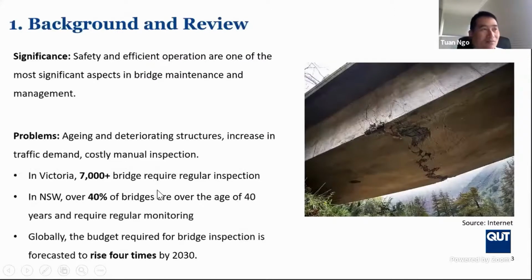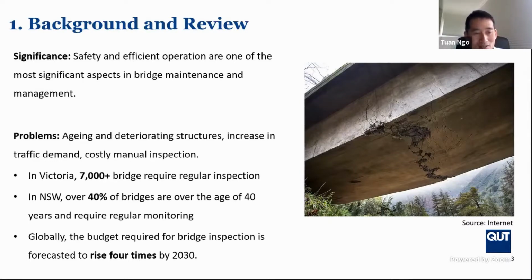As you know, we are facing a big problem. Infrastructure in Australia and around the world is aging. We have a lot of big tasks to inspect bridges and maintain them, and we need to manage that process because it's very time consuming and costly. In Victoria, about 7,000 bridges require regular inspection.